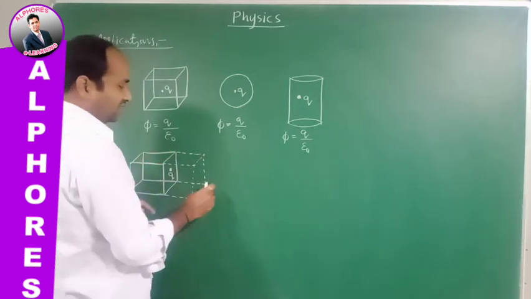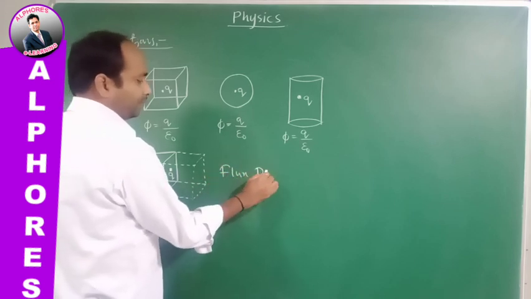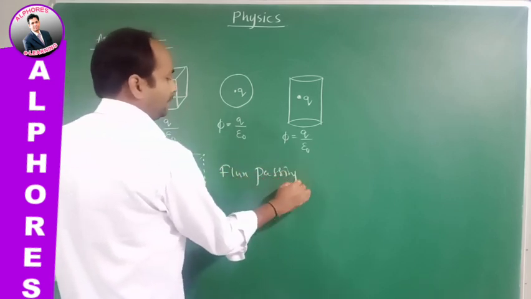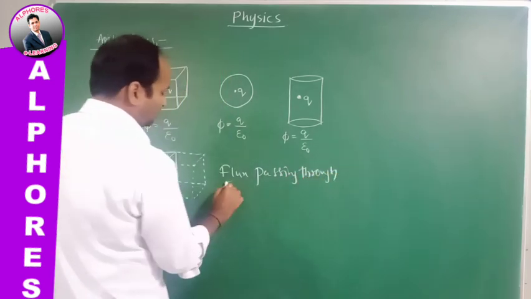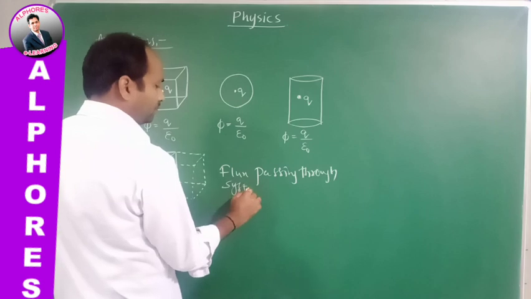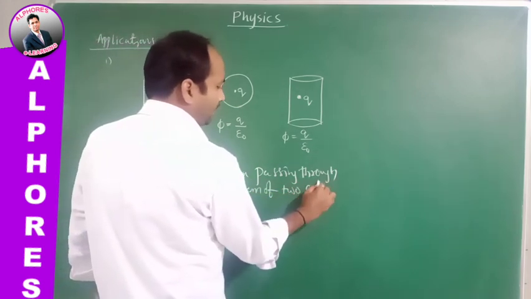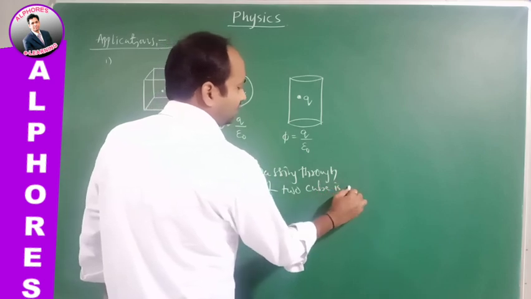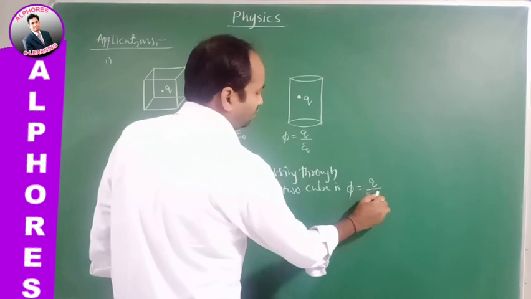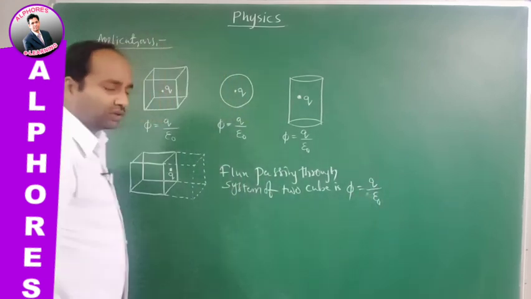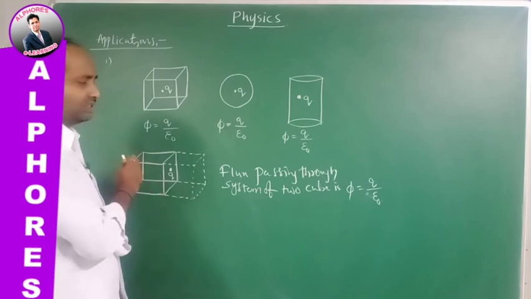In such condition, the flux passing through one cube of the system of two cubes is phi is equal to q by 2 epsilon naught. Now actually this is a Gaussian surface, only one cube is there.